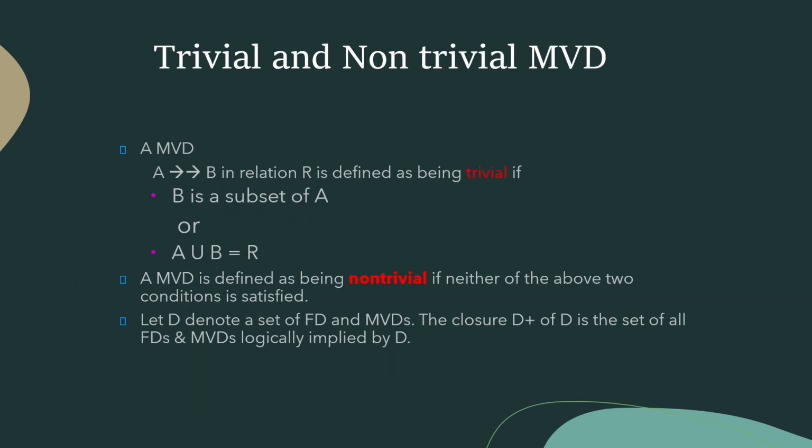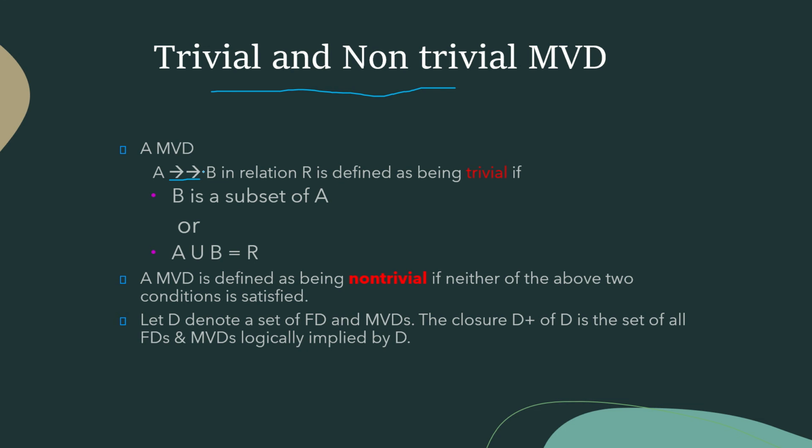Now we can consider the meaning of trivial and non-trivial multi-value dependency. A multi-value dependency is normally denoted by a double arrow. If it is a single arrow, that means it is a functional dependency.